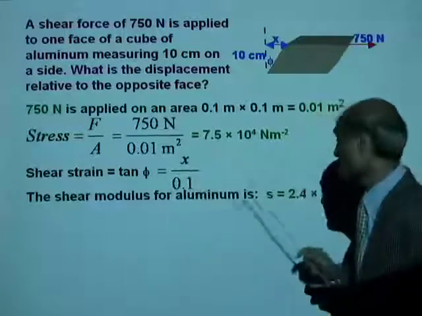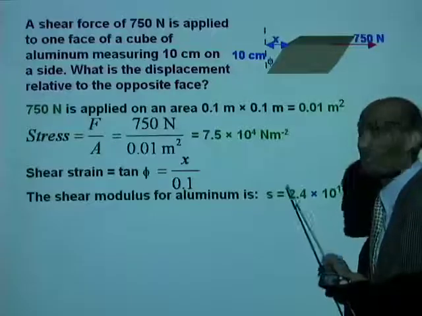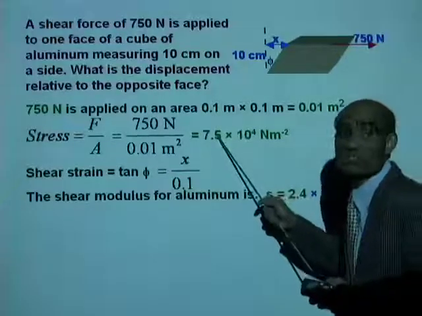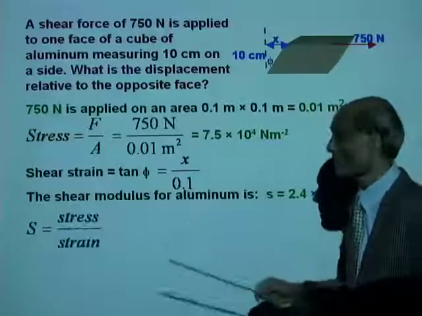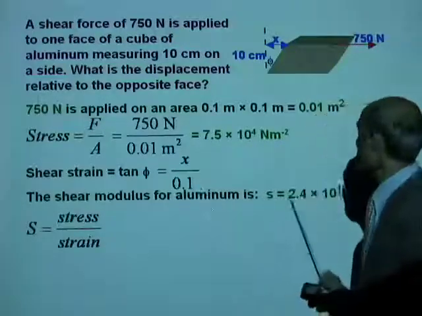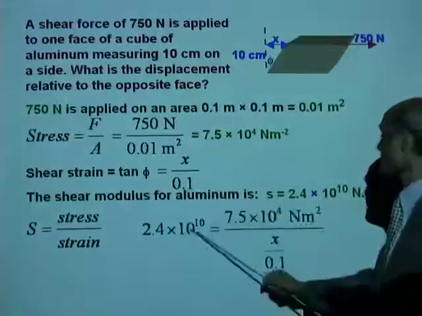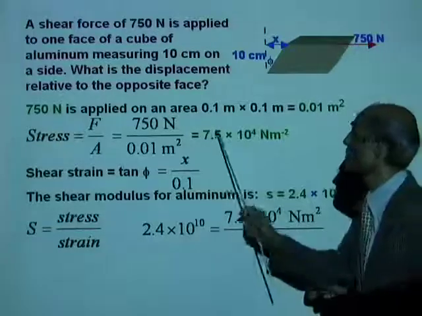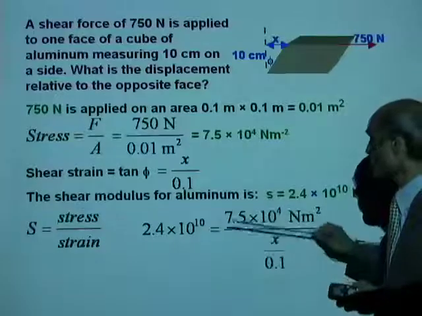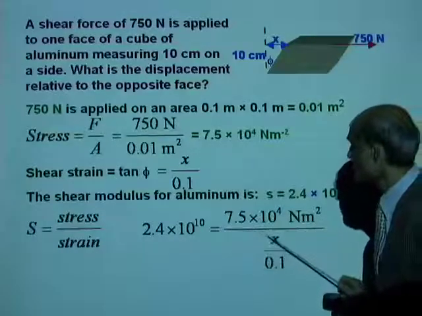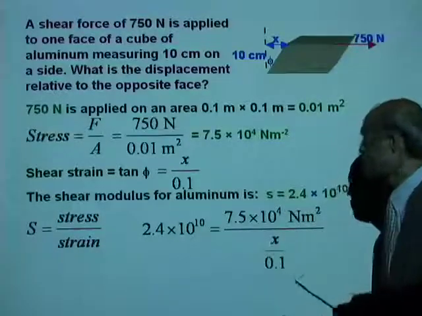So we can now say the shear modulus equal to shear stress divided by shear strain. There you are. That means 2.4 times 10 to the 10 equal to stress is 7.5 times 10 to the 4 divided by strain is x over 0.1.